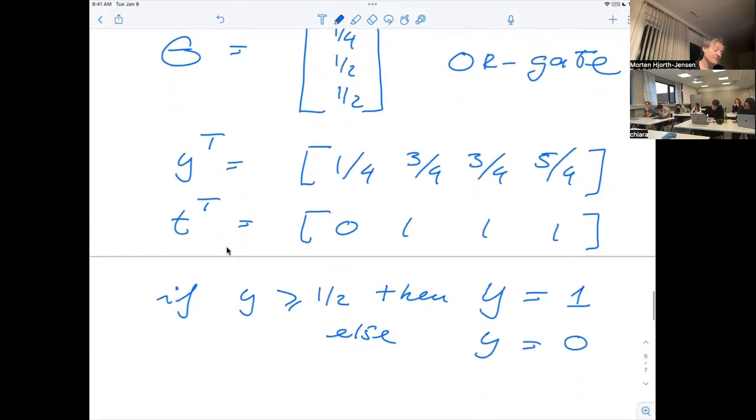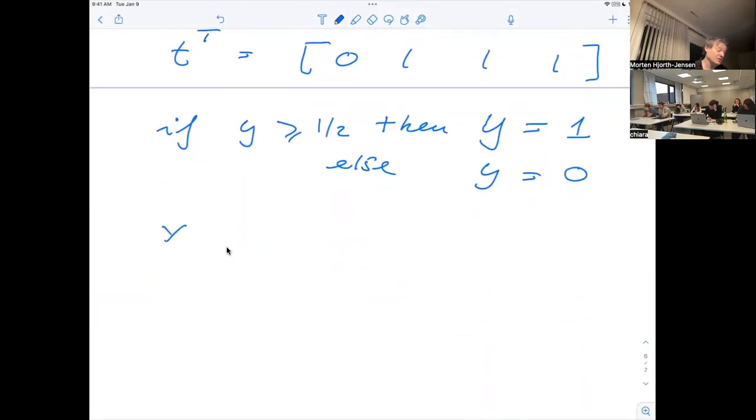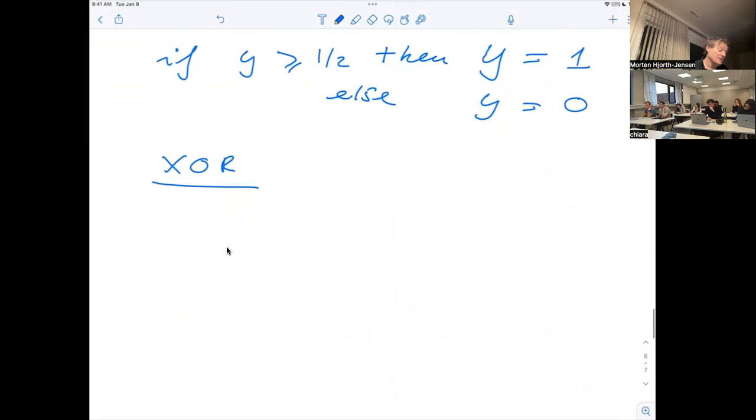If I take the XOR gate, on the other hand, so the design matrix is the same all the time, then what we are going to get is an optimal parameter theta, which is now given by 1/2, 0, and 0.